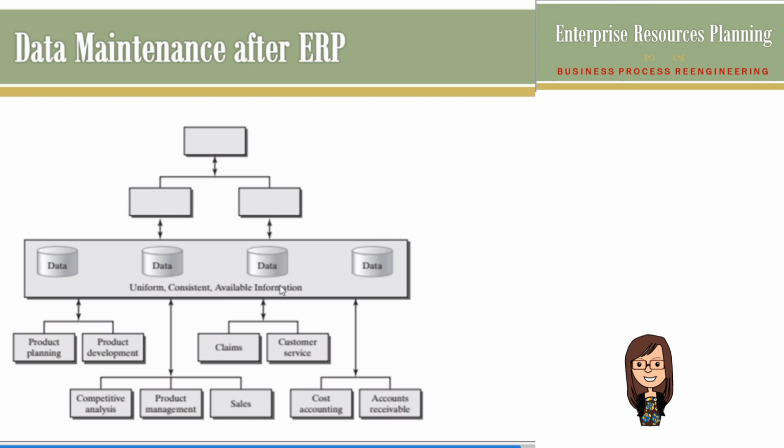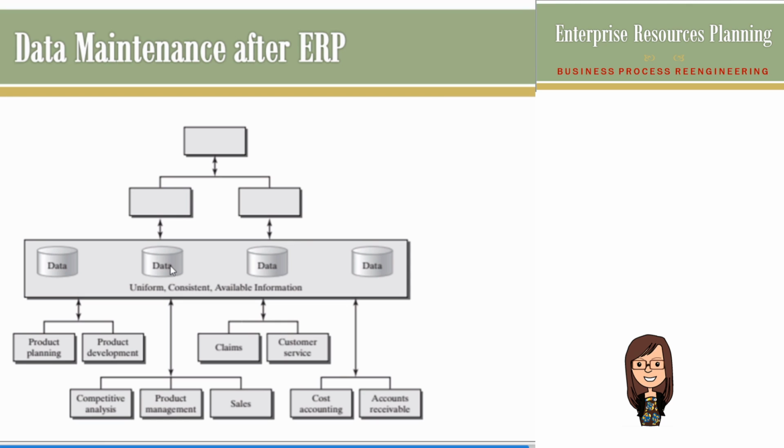So now when we already have the ERP, you can see here the data becomes neat, properly stored in one centralized database. It becomes unified, because the data is already integrated, so the data can be consistent.